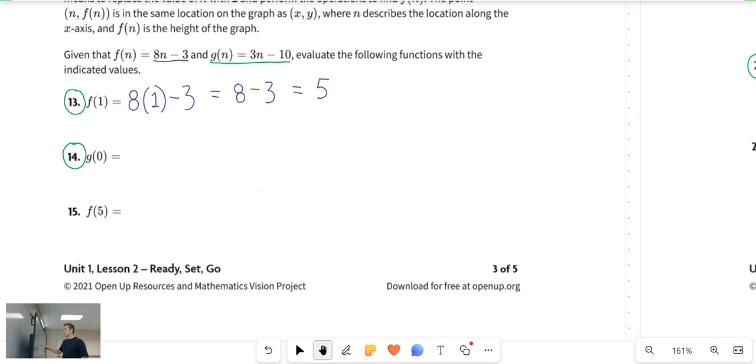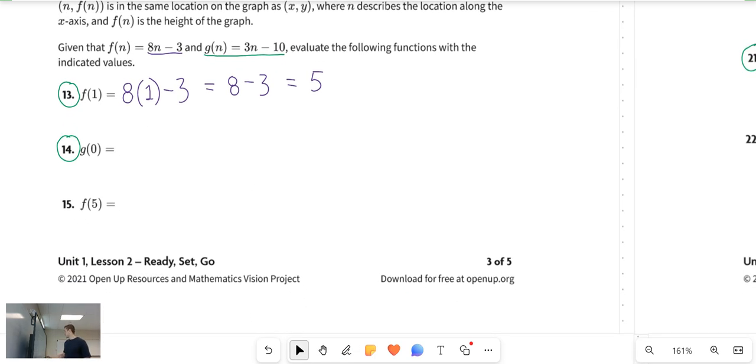And on to number 14, g of 0. For g of 0, we're going to do this one in green because we labeled our g function in green. So we have 3n minus 10. 3 times whatever our n is, in this case 0, minus 10.